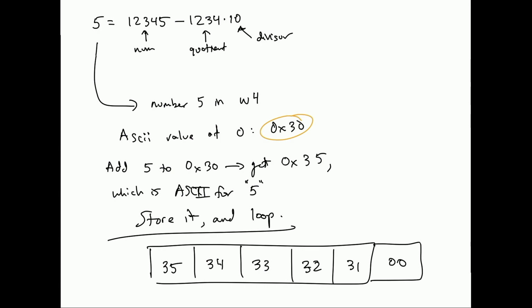Now, here's why we have to do a reverse function. Or, okay, you don't have to, in the sense that if you go back to the drawing board and think about this, you might be able to get away without having to have a reverse function. But when I get a number, say 1, 2, 3, 4, 5, do I know in advance how many digits it has? I mean, we do as humans, we can just look at it, right? But from the computer standpoint, if I typed in 1, 2, 3, 4, 5, what it has in memory is hex, what was it, 3039 or whatever it was?